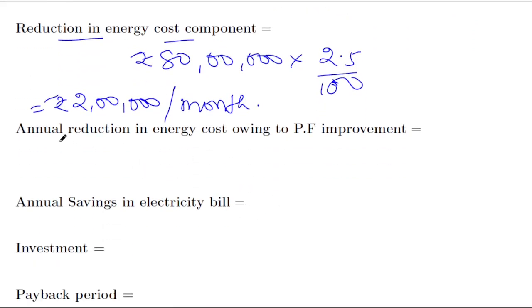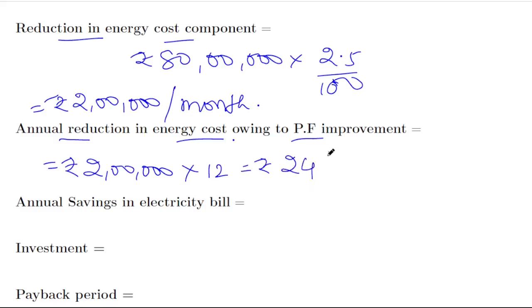Now the annual reduction in the energy cost owing to the power factor improvement is rupees 2 lakhs multiplied by 12, that is rupees 24 lakhs.